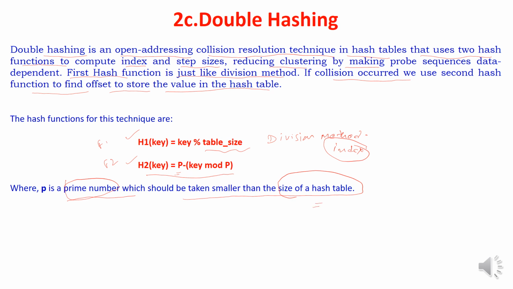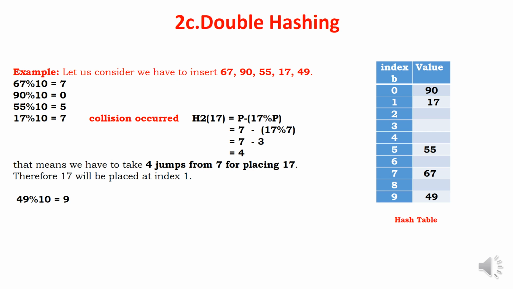Suppose the size is 10, so the prime number below 10 is 7. So p will be taken as 7, and the new step or offset will be calculated using hash function 2.